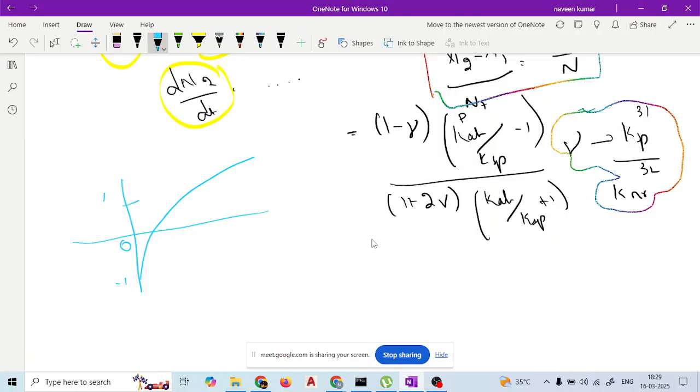This is the region where the lasing phenomenon occurs, to achieve population inversion, and this is not. The x-axis is the incident light intensity.